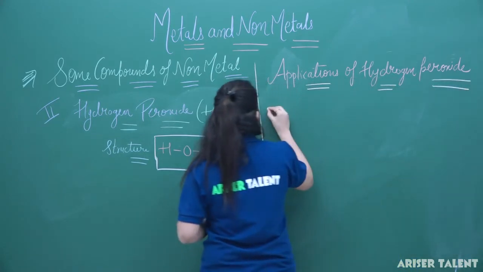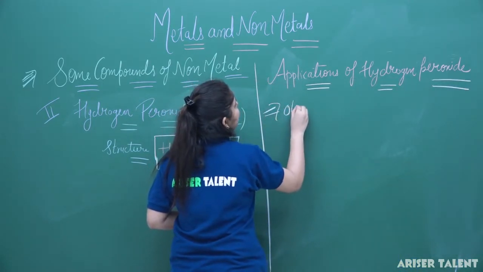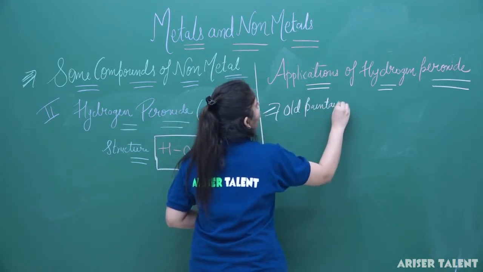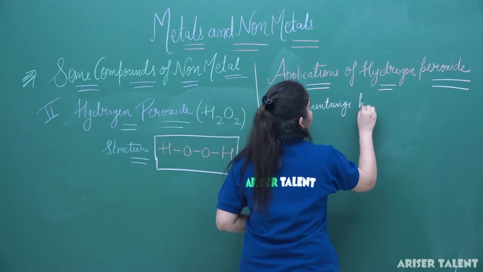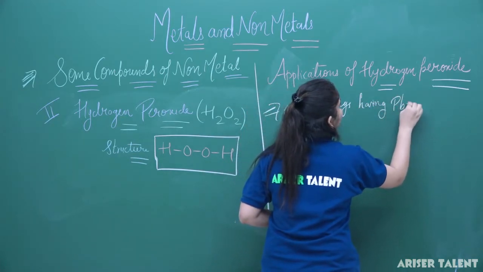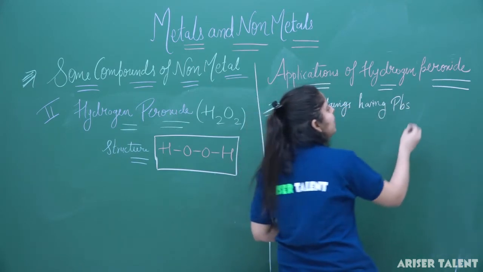Firstly, its application is in old paintings having a PbS layer, to restore the shining appearance. PbS means lead sulfide layer.